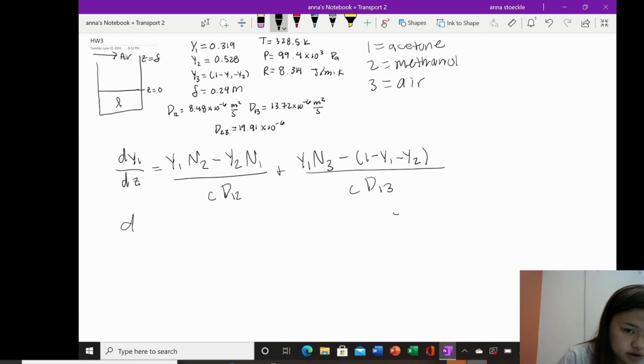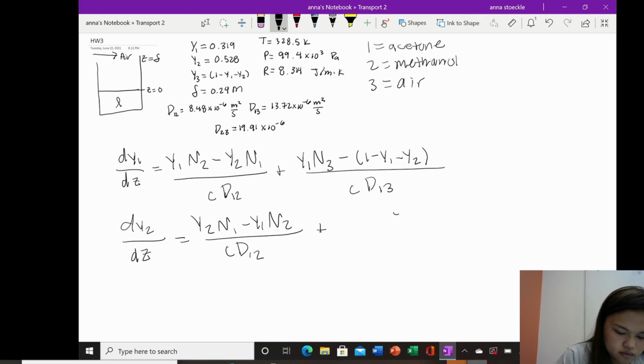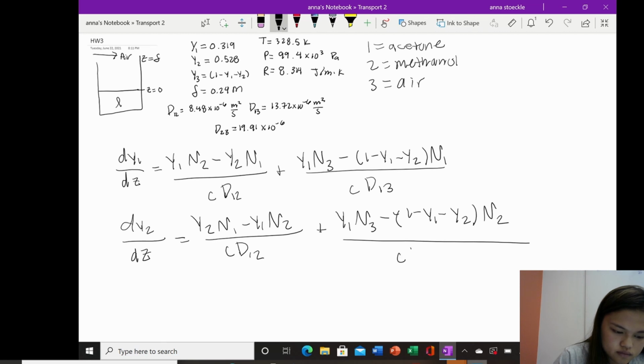Then the same thing for the methanol: the change in methanol mole fraction with respect to that distance Z. Oops, I forgot the molar flux for acetone on that first part of the equation. Oh, that's a large 3.